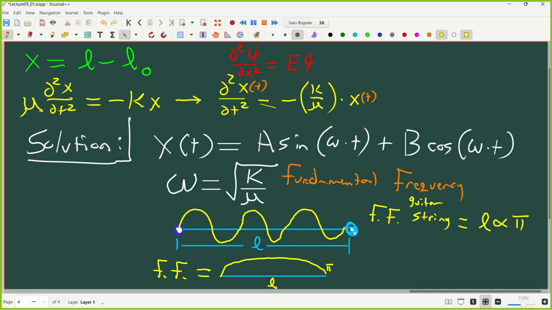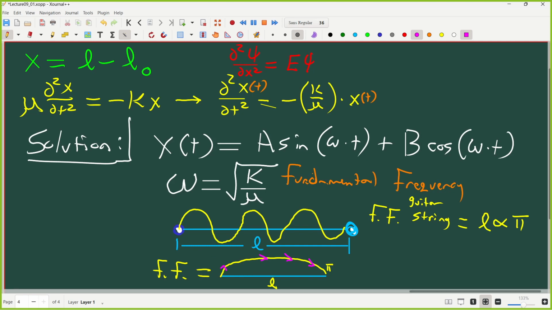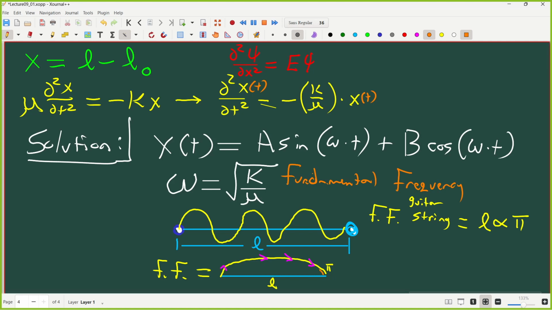And so what happens if this wave starts here and propagates this way, and it hits the other end, it bounces back, right? It oscillates back and forth. And how does it oscillate back and forth? Well, the wave amplitude increases as it travels along the wave, right? And then it hits the end of your string and then bounces back. It reflects. And how does it reflect? Well, it reflects in exactly the same way that it came, right?